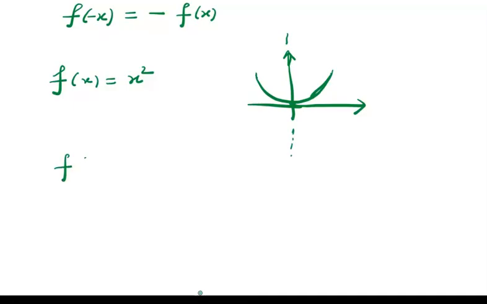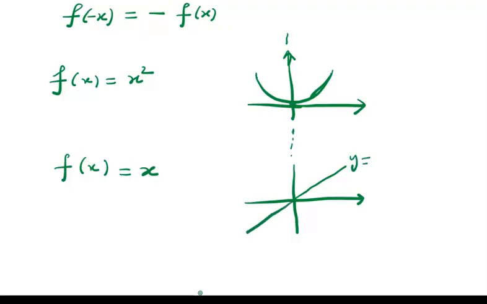But if I write f of x is equal to x, this is the graph of y equal to x. This was y equal to x square. So here if you cut along the y-axis, this part will not overlap with it.